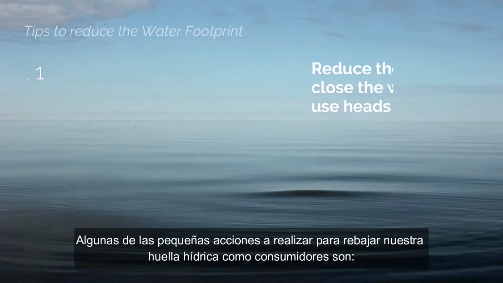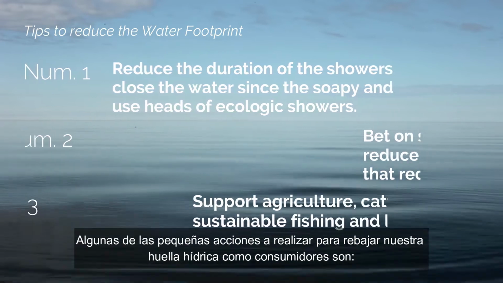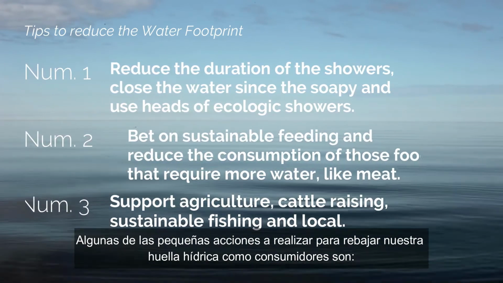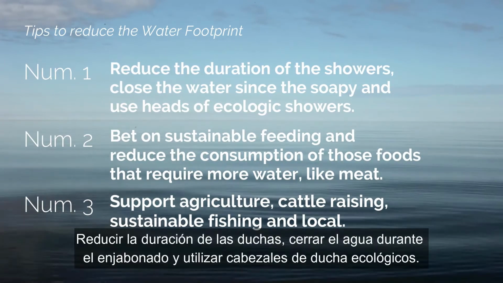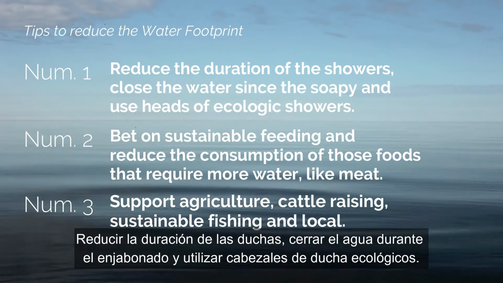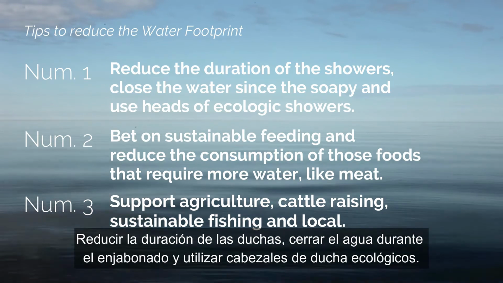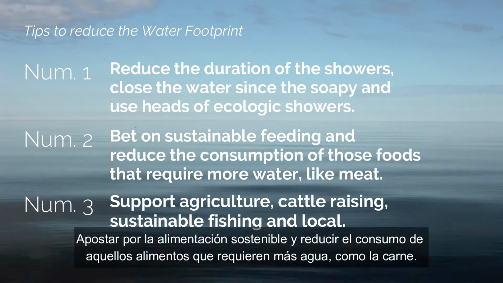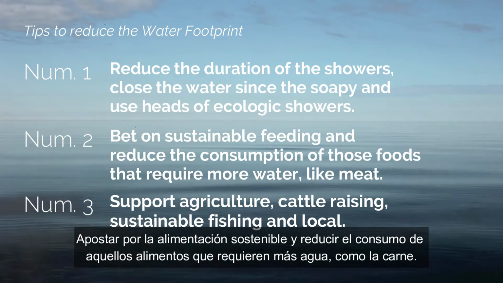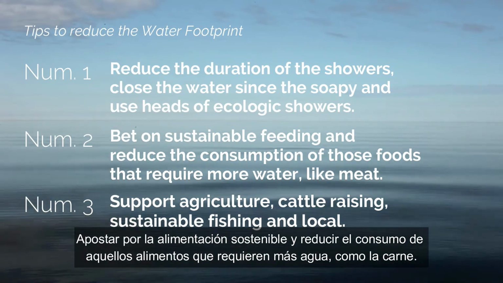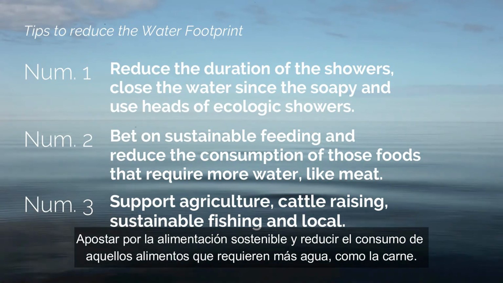Some of the little actions to lower our water footprint as consumers are: reduce the duration of the showers and close the water during the soaping, and also use ecological shower heads. Bet on sustainable feeding and reduce the consumption of those foods that require more water, like meat.